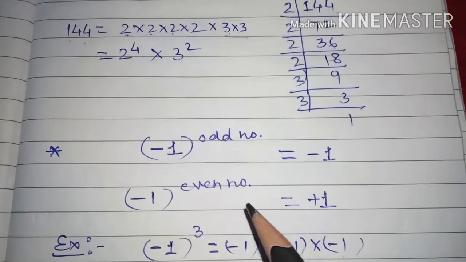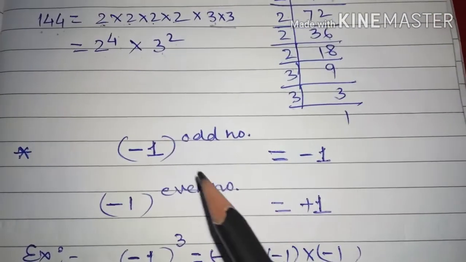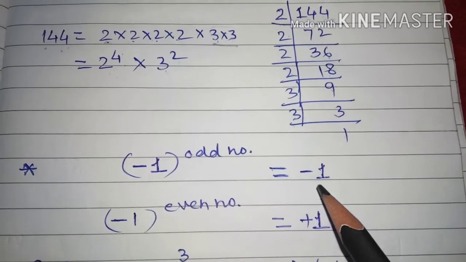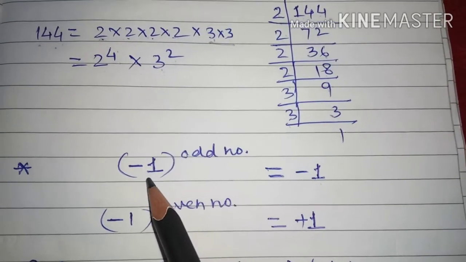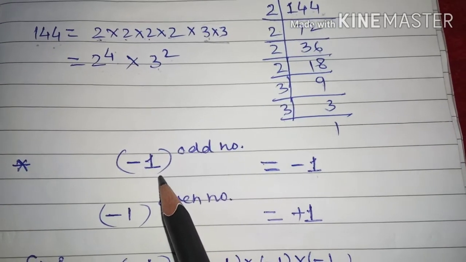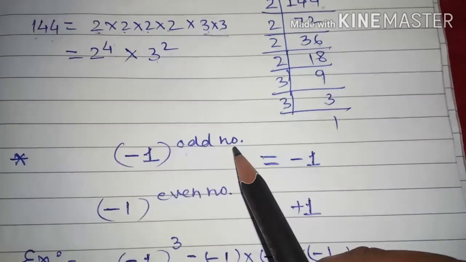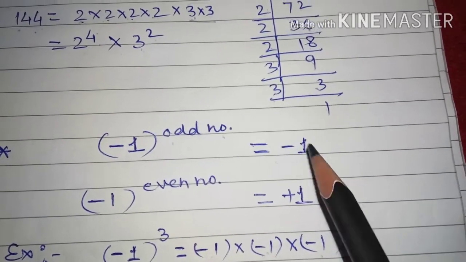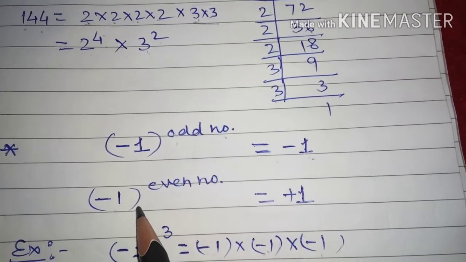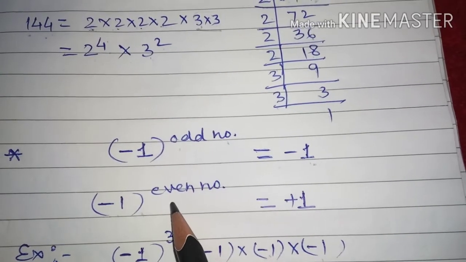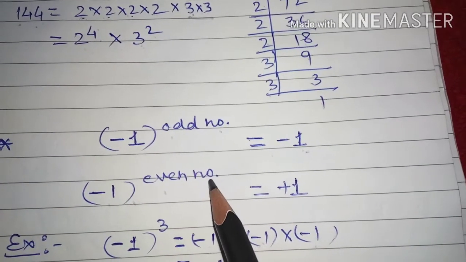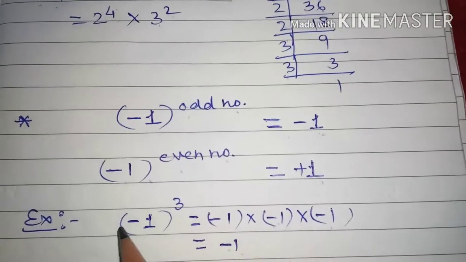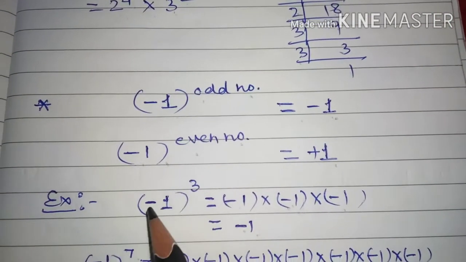Now children, we will learn two more concepts. The first one is that any negative number multiplied an odd number of times always gives a negative number, and any negative number multiplied an even number of times always gives a positive number. It will be clear from the examples.